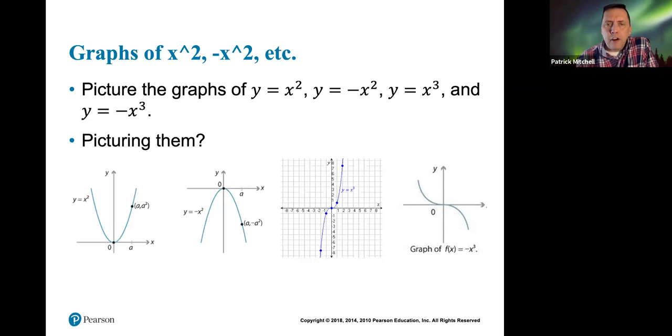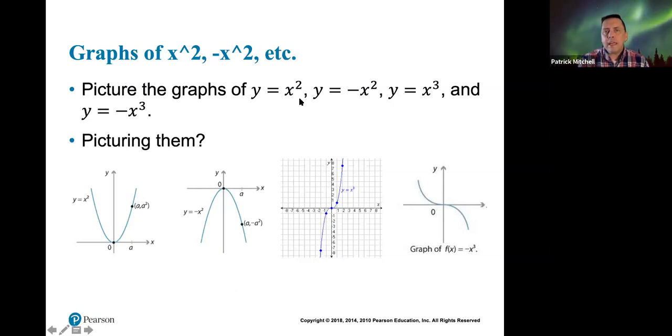It's a vertical reflection. All right, so the reason I'm having you picture these is because these actually illustrate your four different kinds of end behavior. Y equals x squared is a polynomial of degree 2, and the important thing about 2 is that it's even.